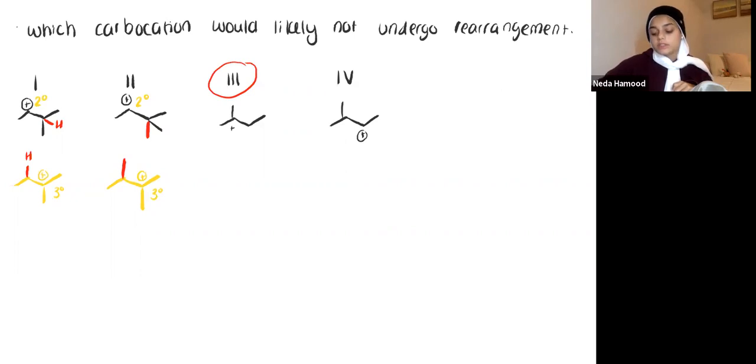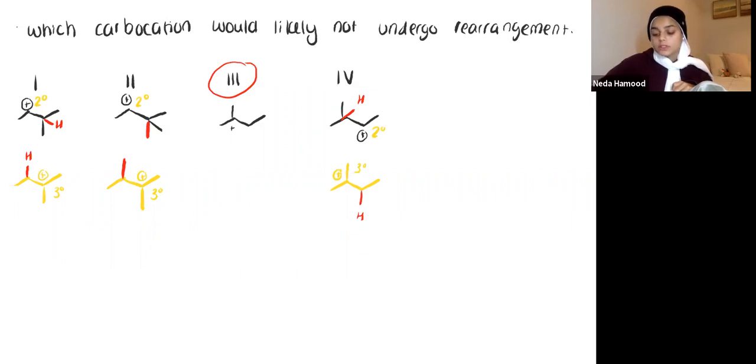If we were to do a shift, then we could have a hydrogen shift. So let's say that we have one of our hydrogens over here. Then we have this. It's now over here. And then your carbocation moves from being secondary to tertiary. But over here, let's say that we are going to have a hydride shift.